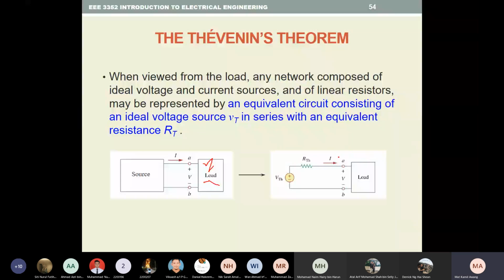A lot of resistors is reduced to this, and the sources are reduced to this. The sources can be current sources or voltage sources, but if you say Thevenin, the representation is V Thevenin and R Thevenin.